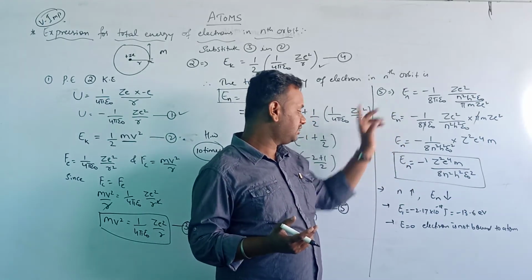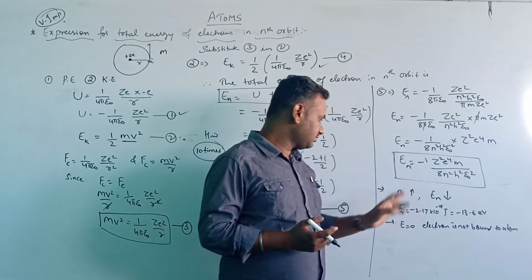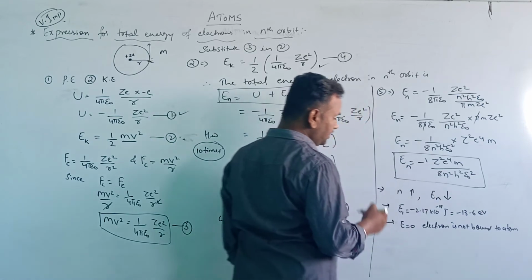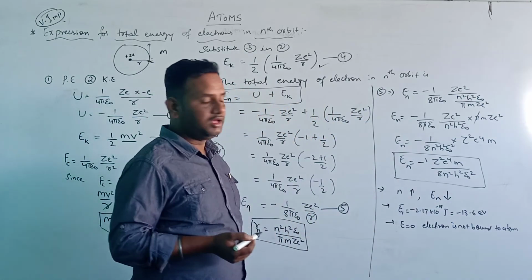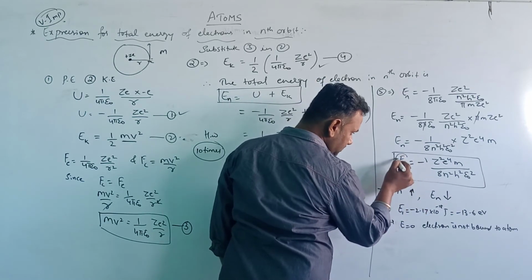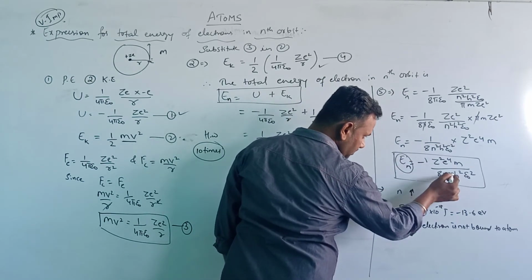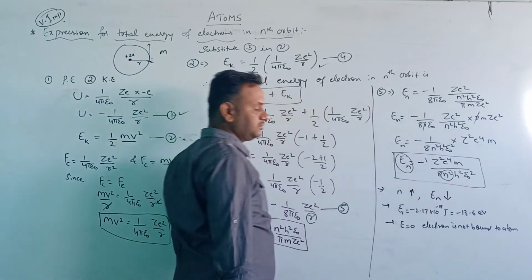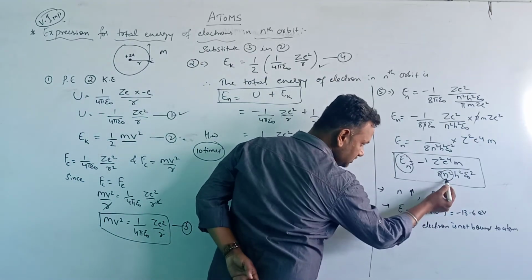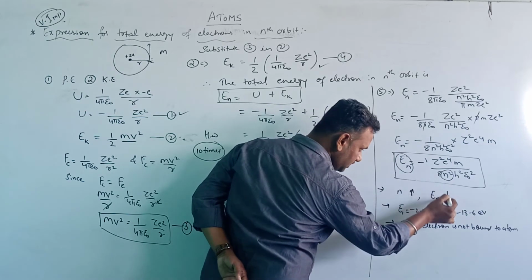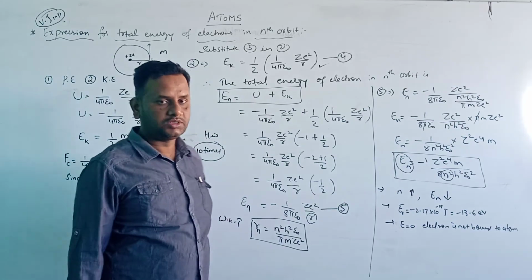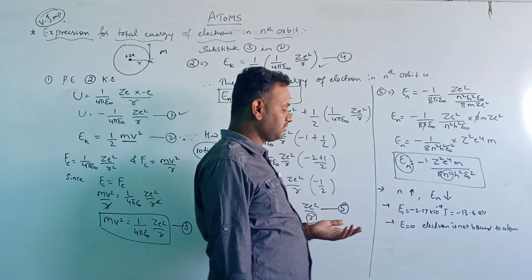From this expression, it shows that as the orbit number n increases, since n square is in the denominator, the total energy decreases.